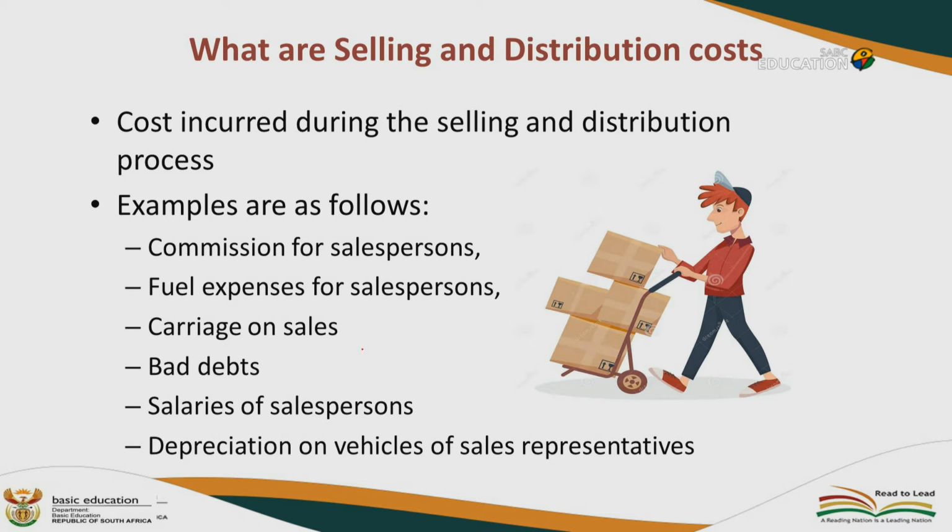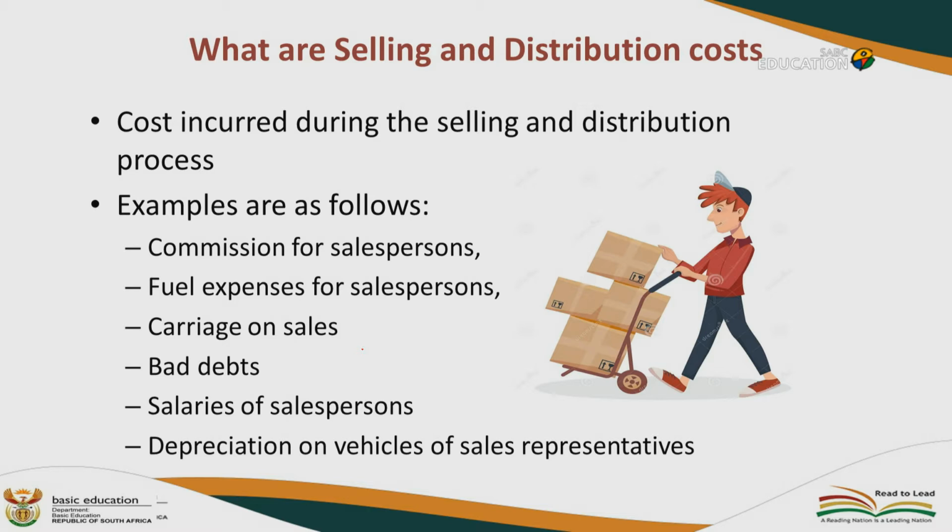Also, the picture there shows you someone delivering the finished goods. It means these items are now going to the customers. That's why we are talking about the selling and distribution cost. So the selling and distribution costs are the costs incurred during the selling and distribution process.